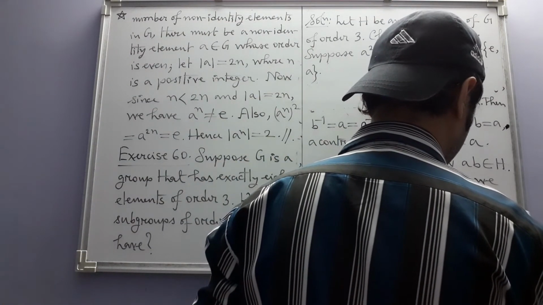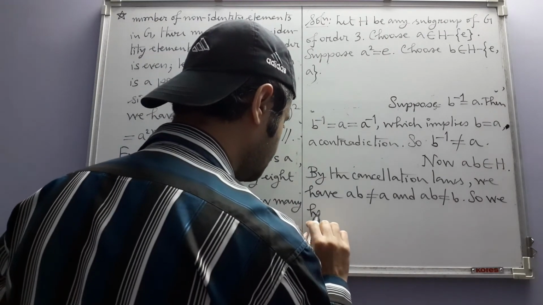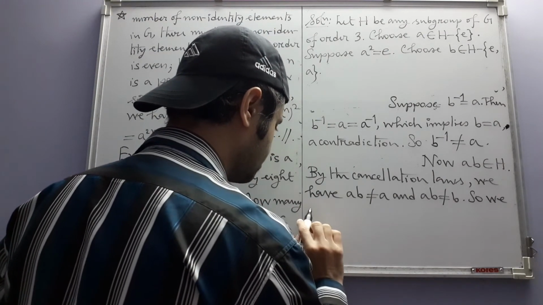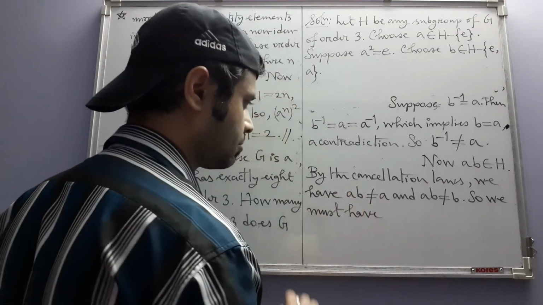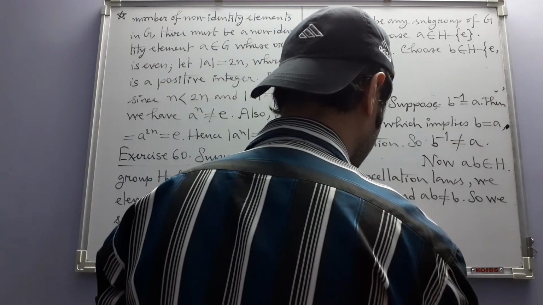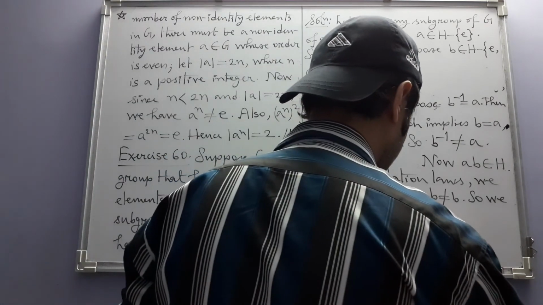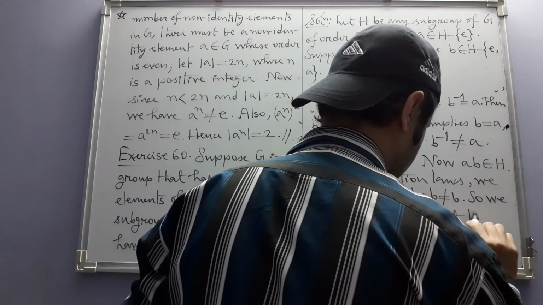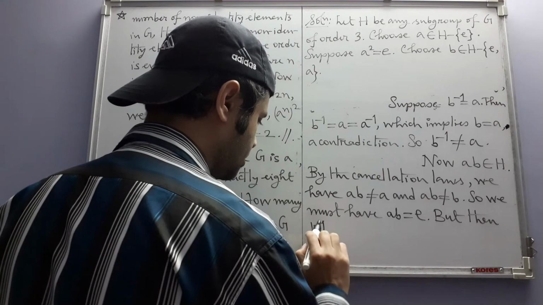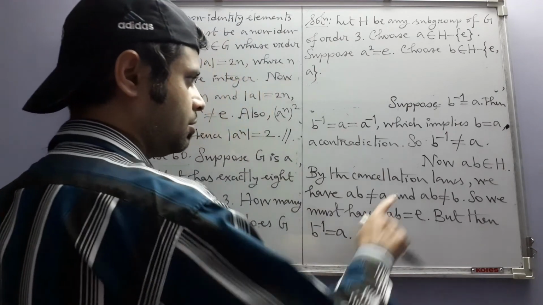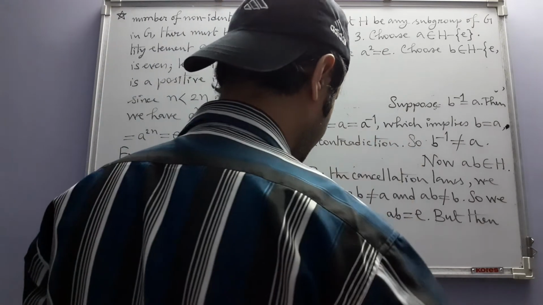So we are left with only one choice, so we must have AB equal to identity, but then B inverse must be equal to A, which we have shown here is not possible.